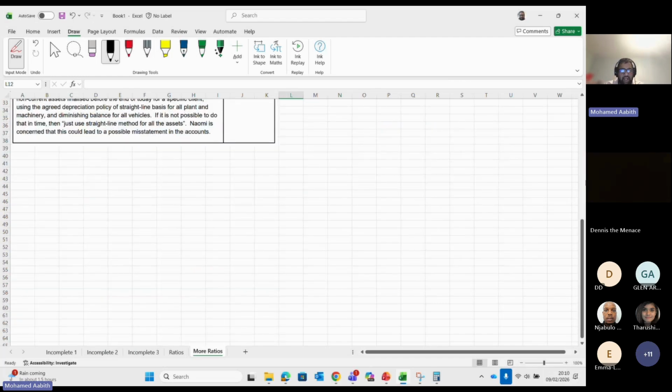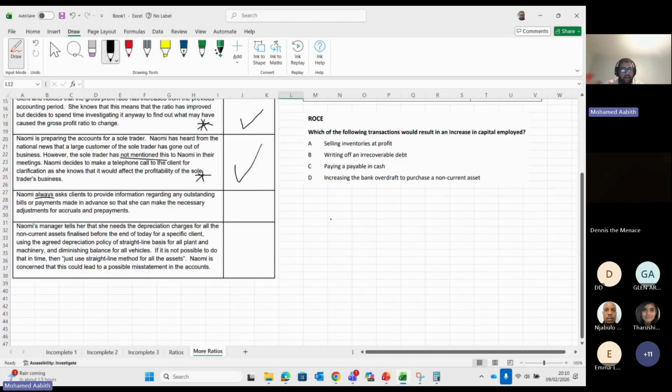Can you look at the last one here as well? This one is not skeptical because you're just asking the client to provide the information regarding any outstanding bills and payments. This is not the right way of putting it. But on the last scenario, they're saying if it's not possible to do that in time, just use the straight line method.